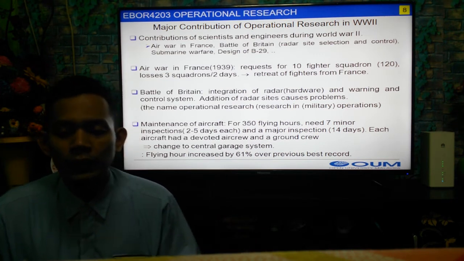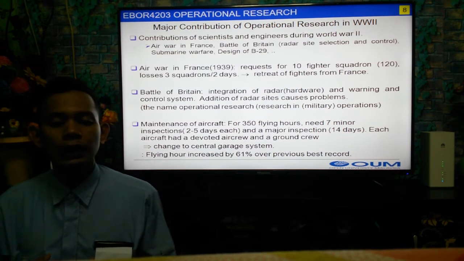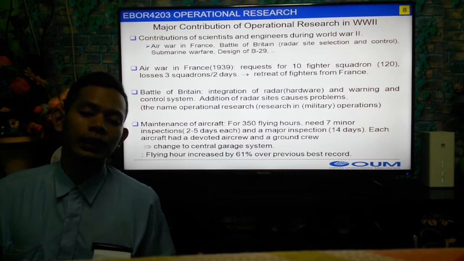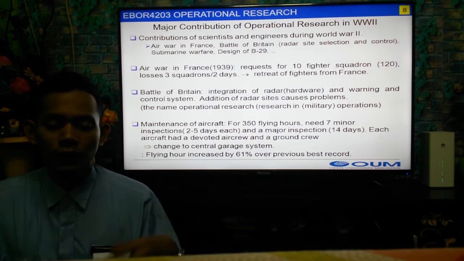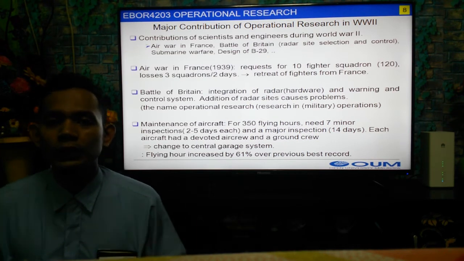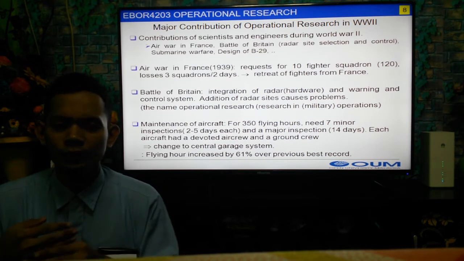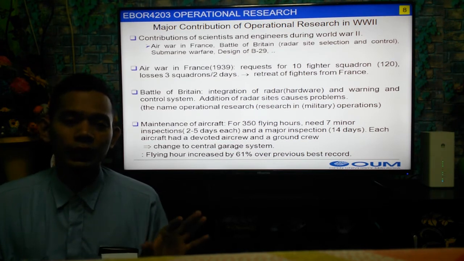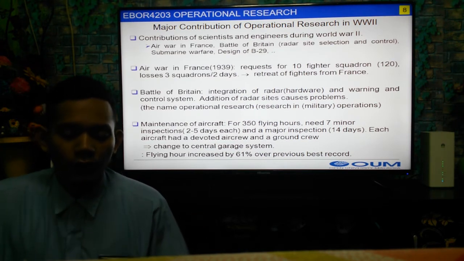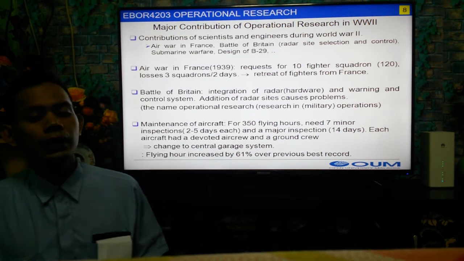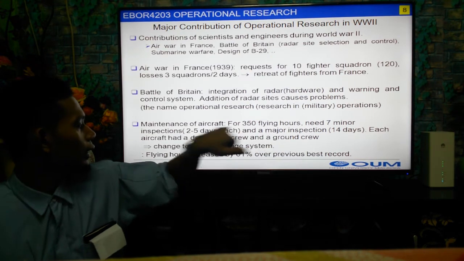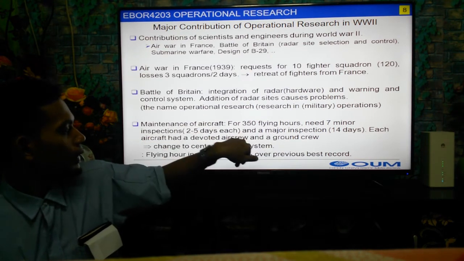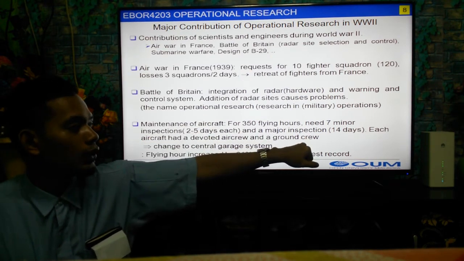In the Battle of Britain, the integration of radar hardware with the warning and control system, and the addition of radar sites, caused problems. With so much radar, there was too much data to compare. On the operation and maintenance of aircraft, for 350 flying hours they needed 7 minor inspections of 2 to 5 days each, and a major inspection of 40 days.